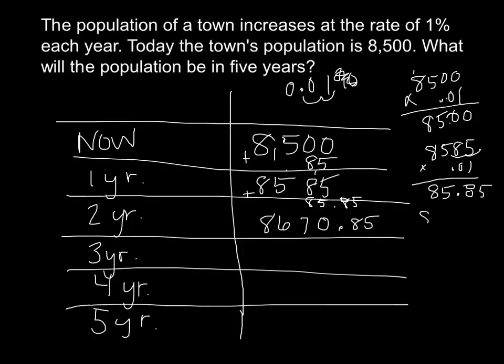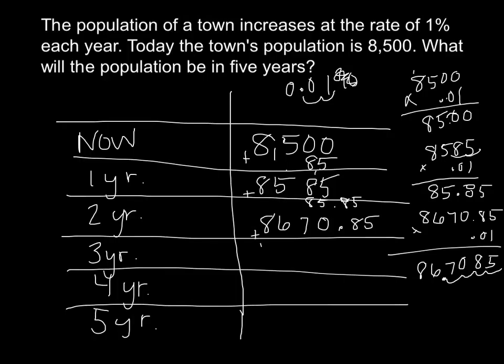Okay, so now I have 8,670.85. Multiply that by 0.01. I'm going to get 86.7085. Bring it over 4. So now I have to add 86.70. I'm going to use two decimal points.